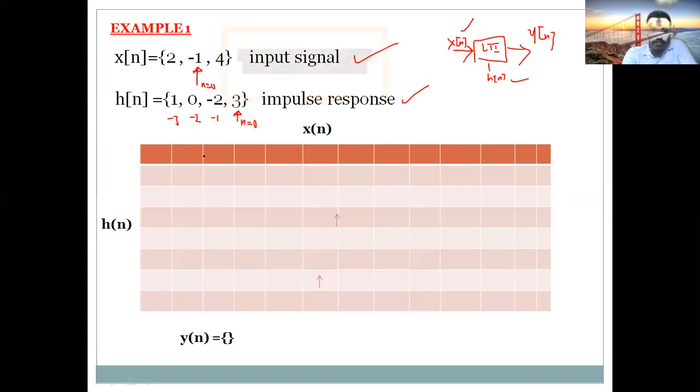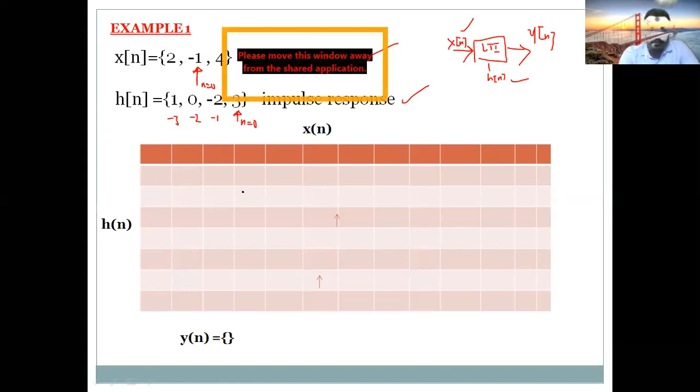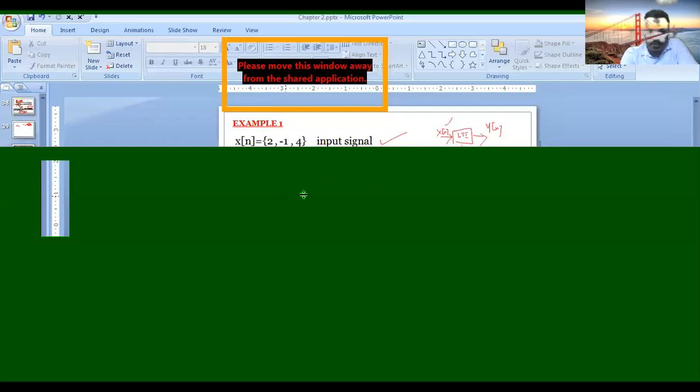So input signal is given. As you can see here in this table, this one is input, and this one is h of n.